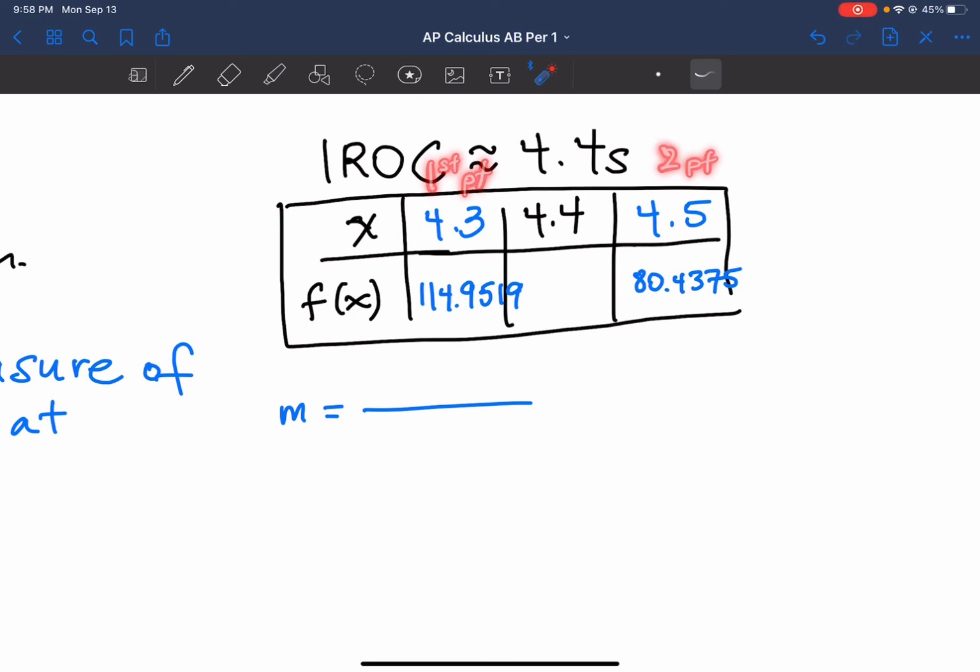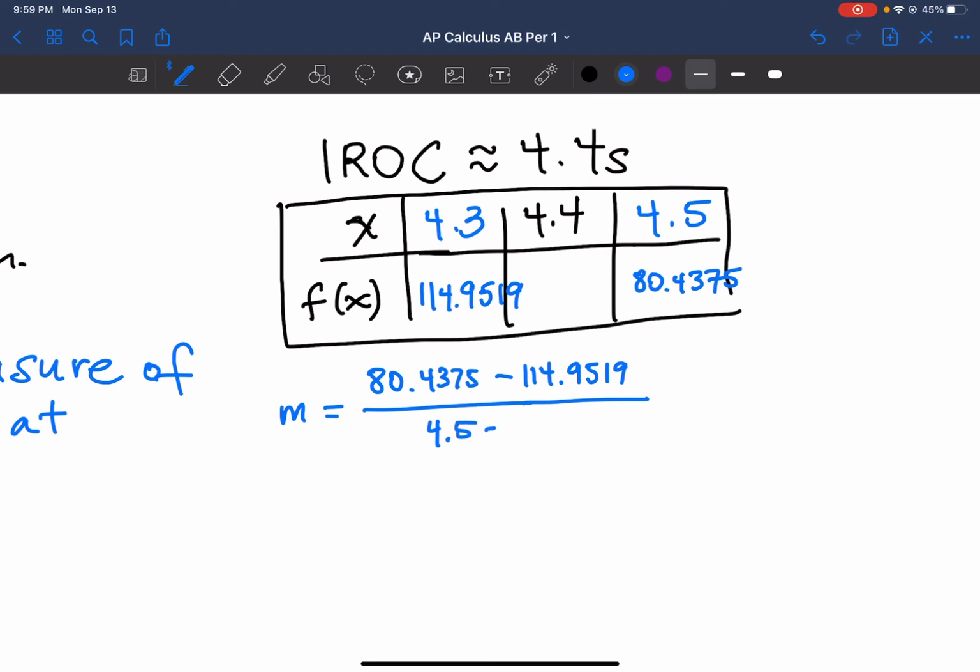So this is my x2, x1, y2, and y1 for my slope formula. 80.4375 minus 114.9519, all over 4.5 minus 4.3.